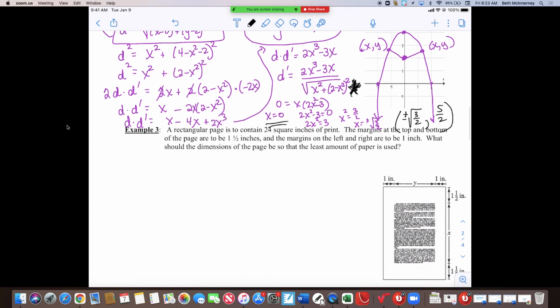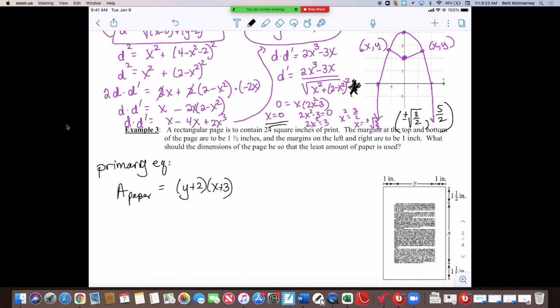So, my primary equation would be the area of the paper, which is, I'm going to call this y plus 2 times x plus 3. Because along the one side, you're adding 1 inch to each margin, so that's a plus 2.